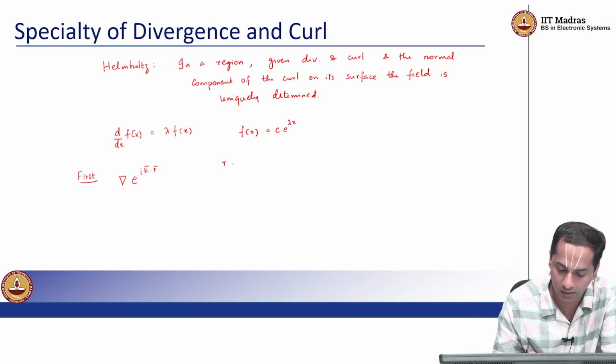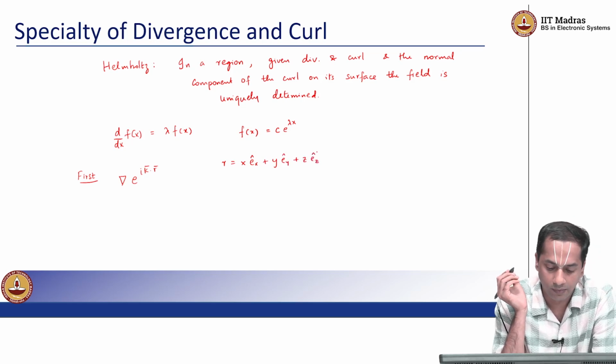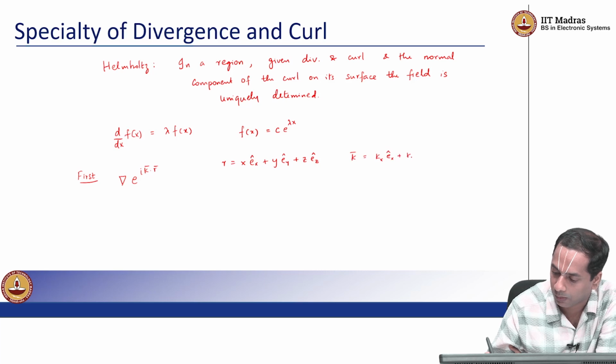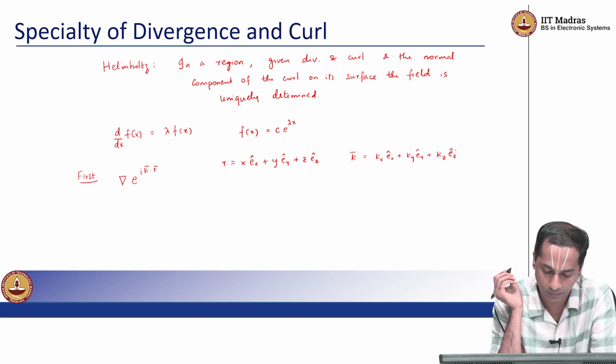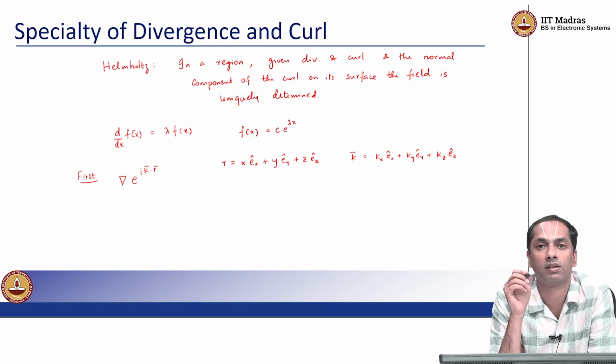You can say r is x ex plus y ey plus z ez, and k is some arbitrary constant vector. You can write that as kx ex plus ky ey plus kz ez. So remember, k dot r is a scalar.